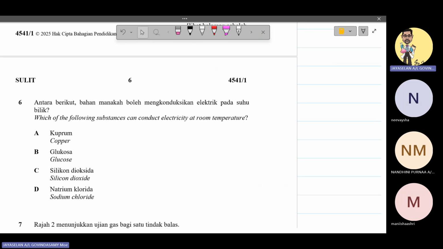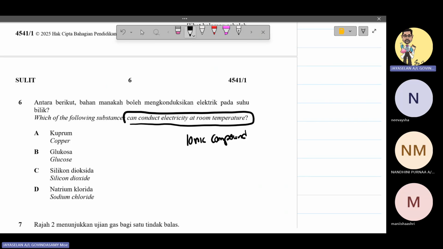Must get full marks. Which of the following conduct electricity at room temperature? When the question is about conducting electricity at room temperature, first you look for an ionic compound. Please remember the condition: the ionic compound must be molten, and one more, aqueous only.